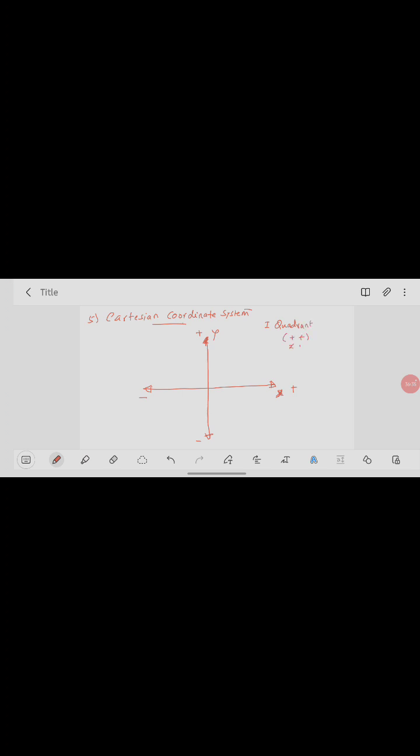Always we write x first then y. This side x is minus, y is plus. This is called second quadrant. This is the third quadrant, here both of them minus, and this is the fourth quadrant. This is plus minus.